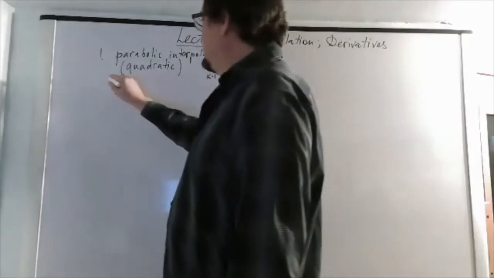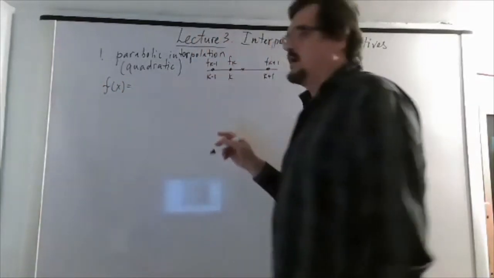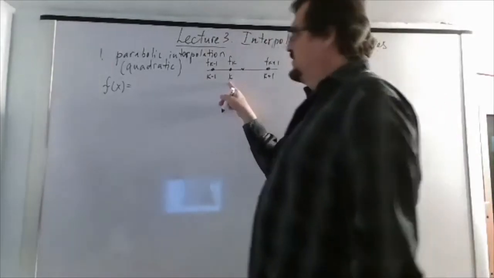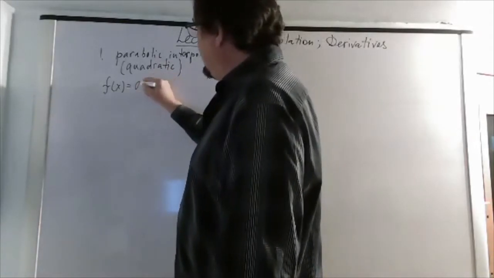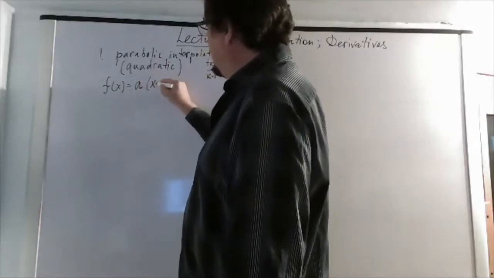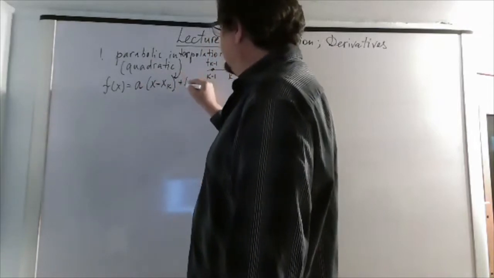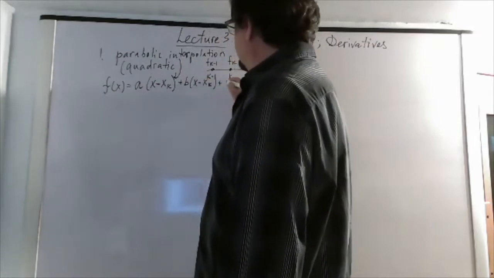So again, this is your general formula of a parabola, and we put our 0 coordinate in the central point. Why not? It's kind of symmetrical. So you have a times (x minus x k) squared plus b times (x minus x k) plus c.